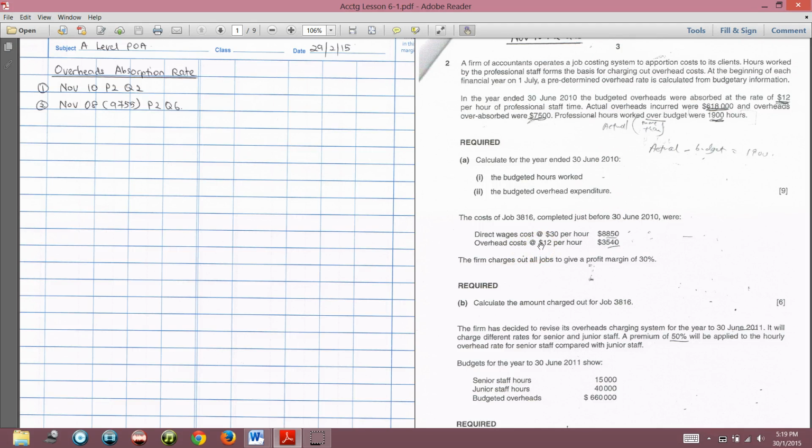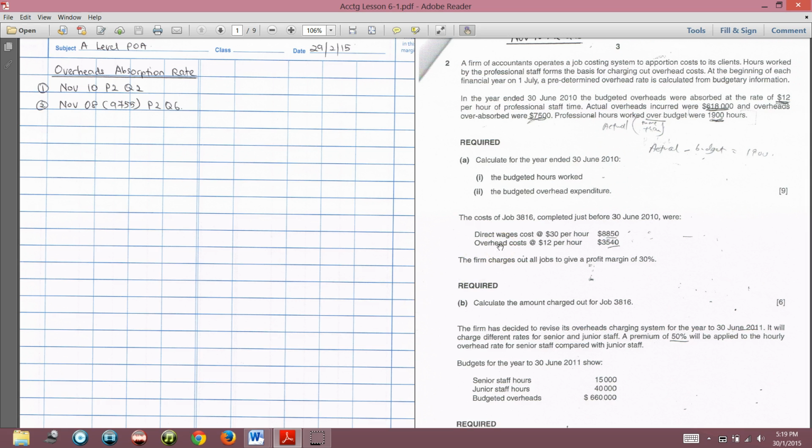They don't have direct material, because you are a firm of accountants. It's similar to a law firm, so-called professional firms. They are not producing goods for the client.